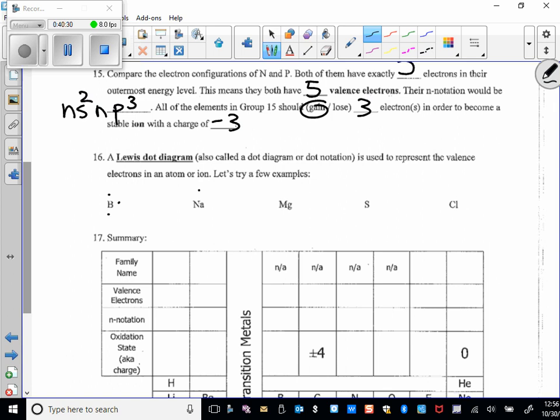Sodium will have how many? 1. How about magnesium? 2. Sulfur is how much? 6. 1, 2, 3, 4, 5, 6. Are we good? Chlorine is how much? Chlorine is 7. 1, 2, 3, 4, 5, 6, 7. Are we good? Yes. So now let's fill in this box.